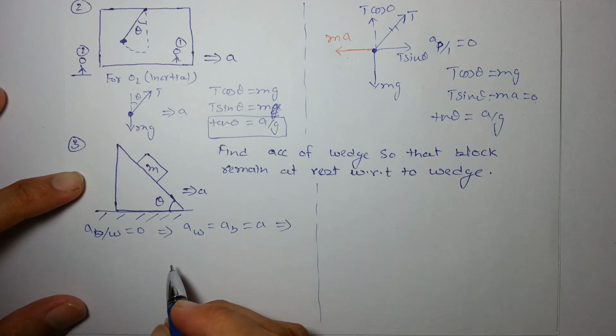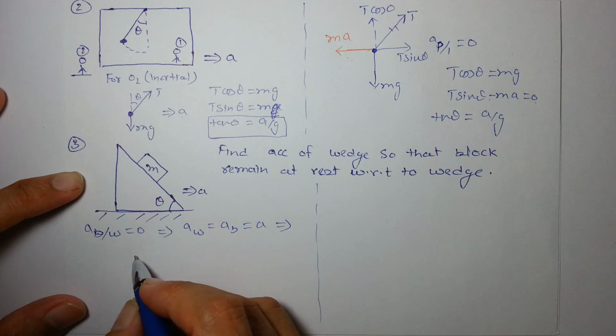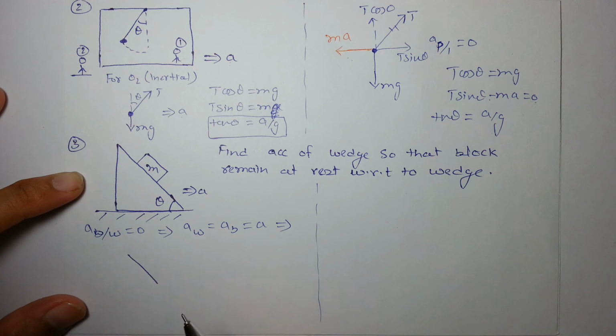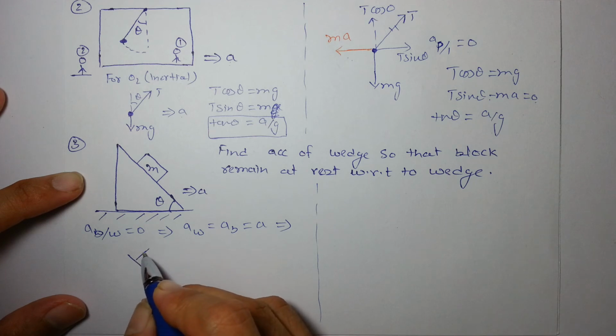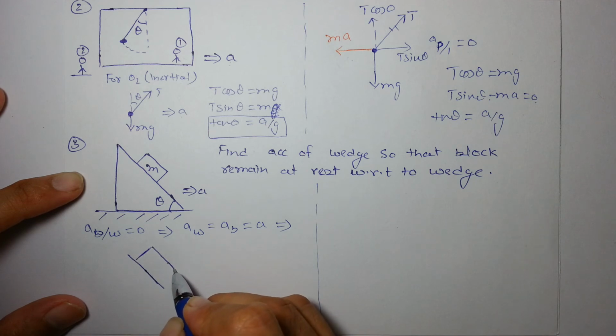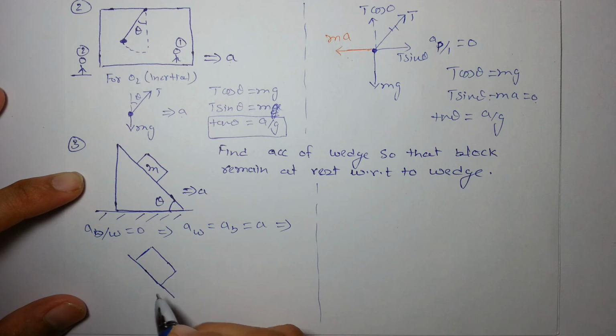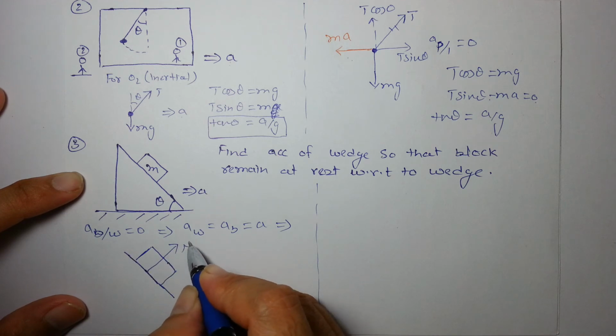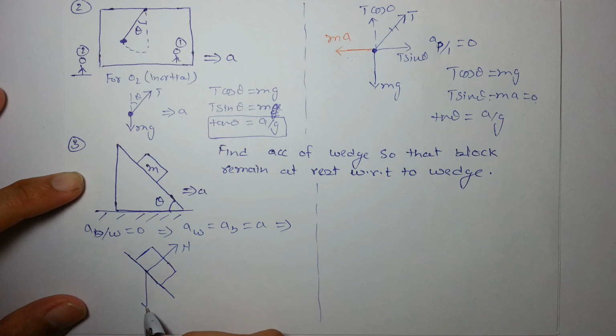Now drawing the FBD of this block, this is a real force N from the wedge, and this is mg. Again these two forces provide this acceleration, which is horizontal, and this angle is theta.